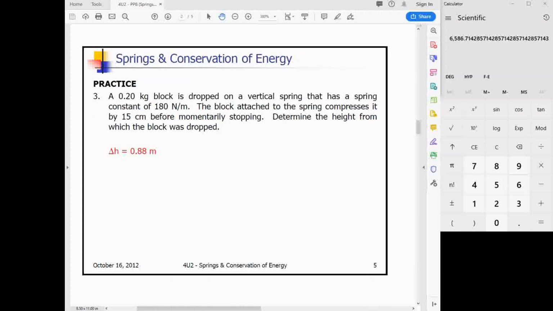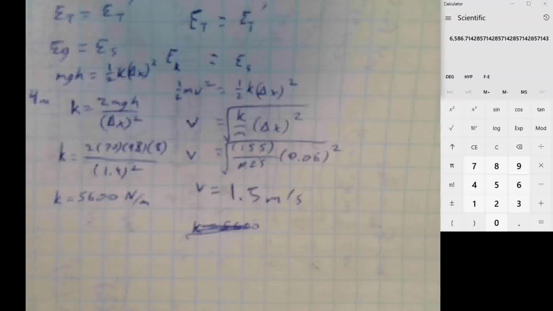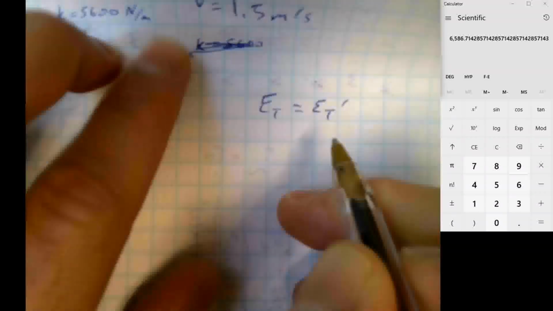Another problem here, we have a block that's dropped on a vertical spring. We know the spring constant. The block compresses the spring by 15 before it stops and starts to return. So determine the height from which the block was dropped. So again, with these questions, anytime we have conservation of energy, we have energy before equals energy after.